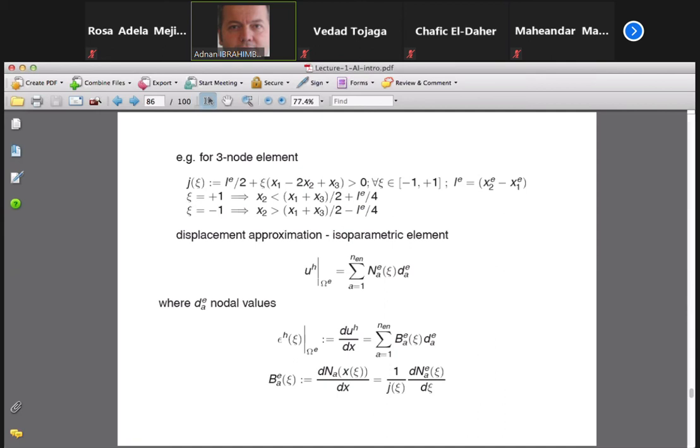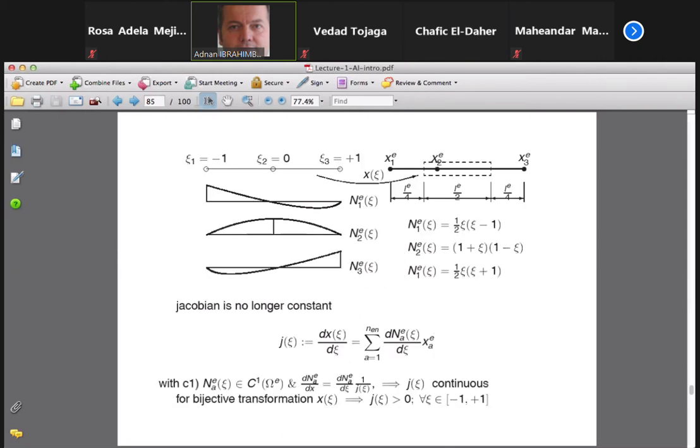And basically times xi, x1 minus 2 times x2 plus x3 should be positive. So from this expression here, I can obtain that for xi equal to plus 1, it follows that x2 should be smaller than x1 plus x3 divided by 2, this is the center of the element, plus L over 4. And for the other one, it follows that x2 should be larger than, this is the center of the element, minus L over 4. I think this is presented here.